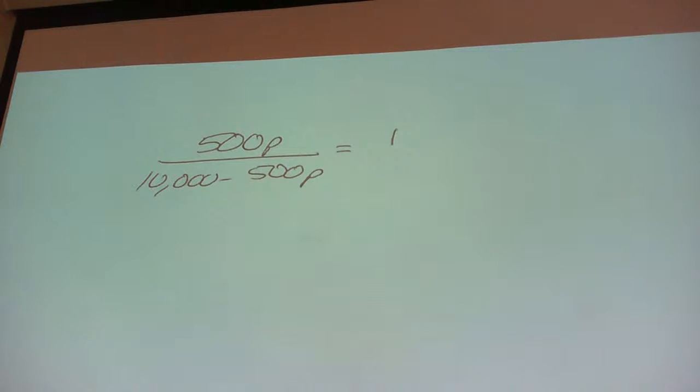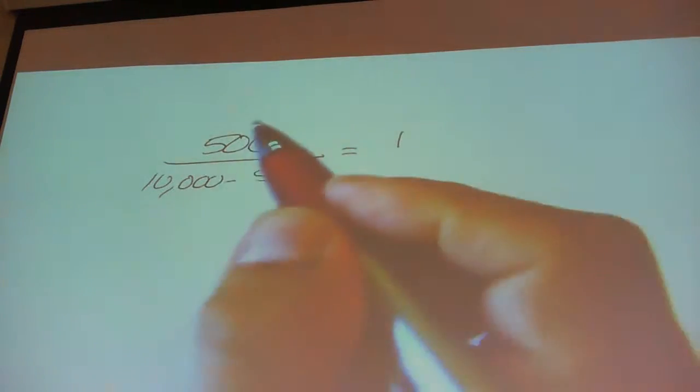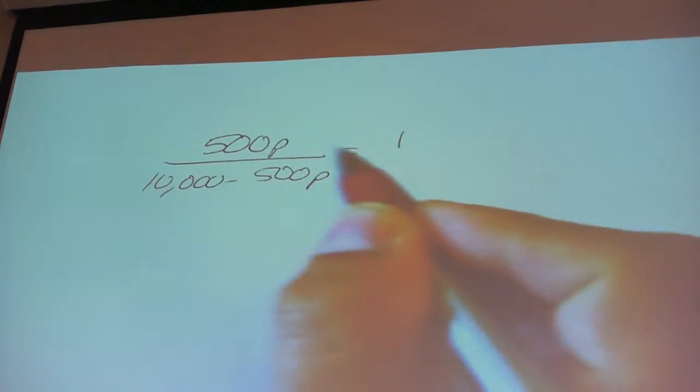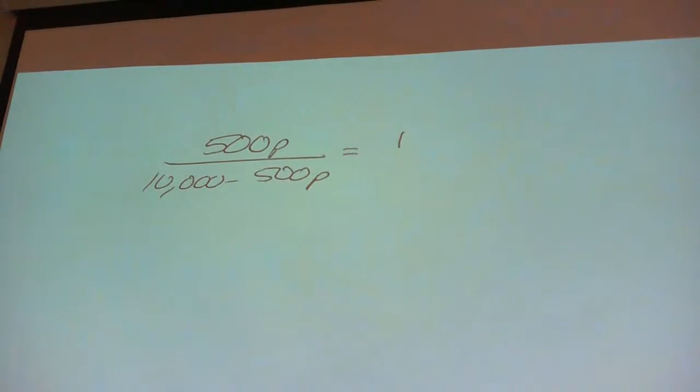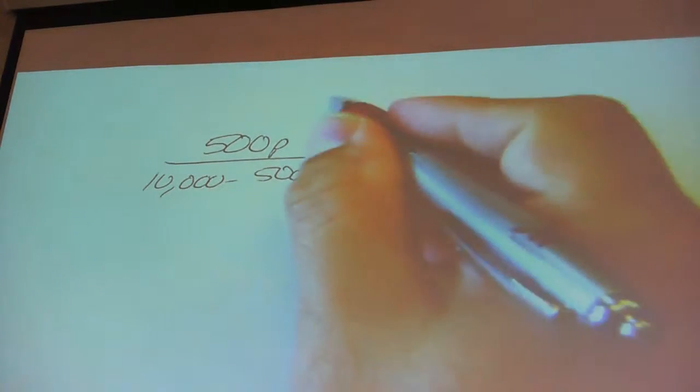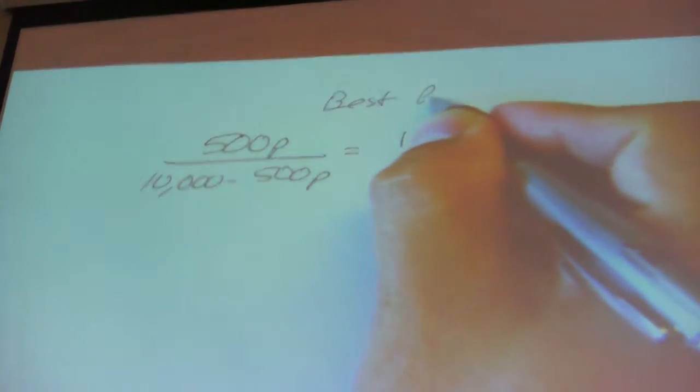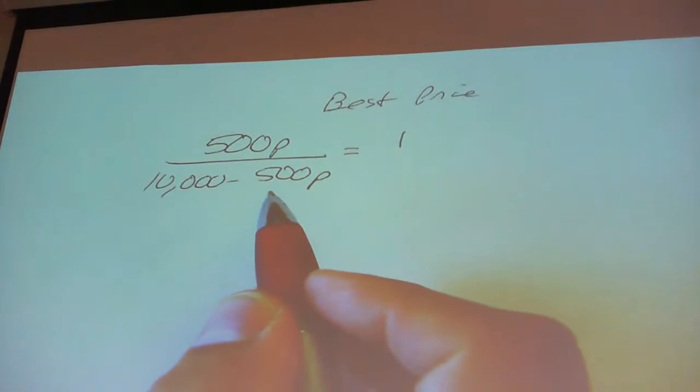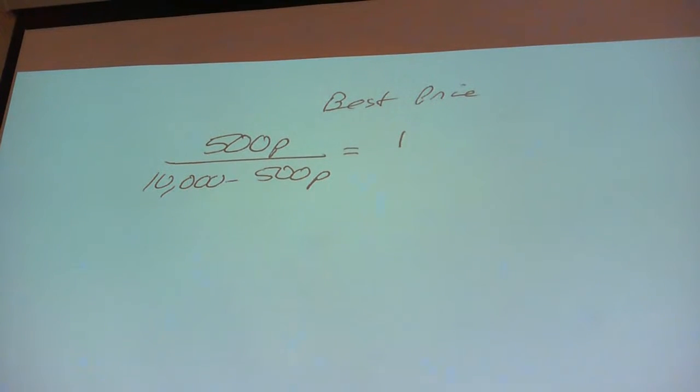Algebra, algebra, algebra, algebra. So I'll walk you through. But do you understand that I want this function to equal 1? That's the goal. That gives me the best price. So to find the best price, you set the elasticity demand equation equal to 1. Are we okay? So algebra, algebra, algebra.